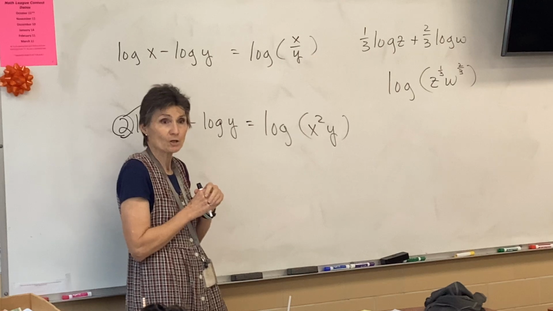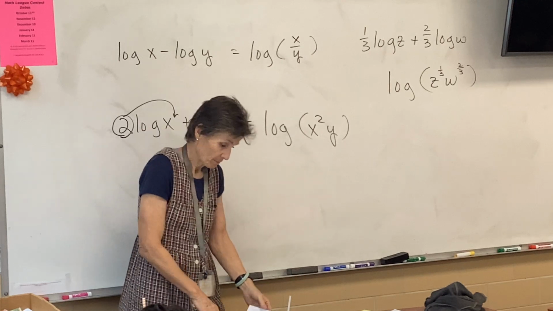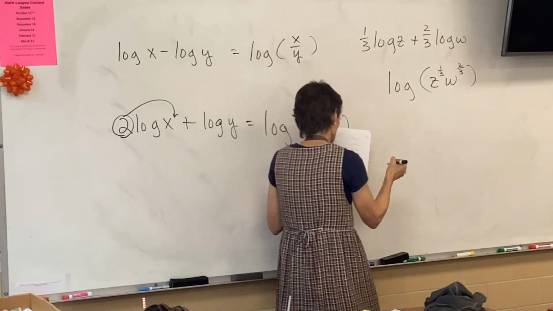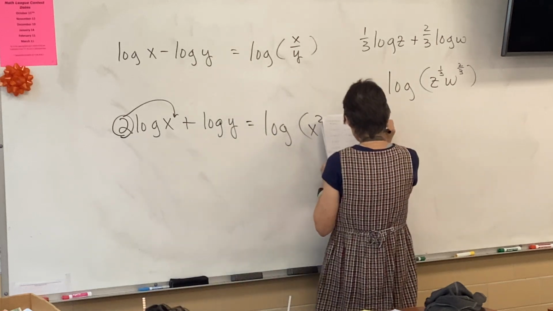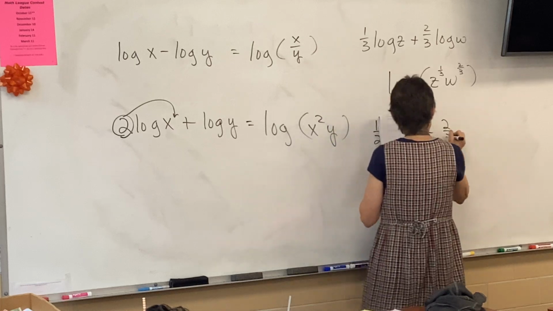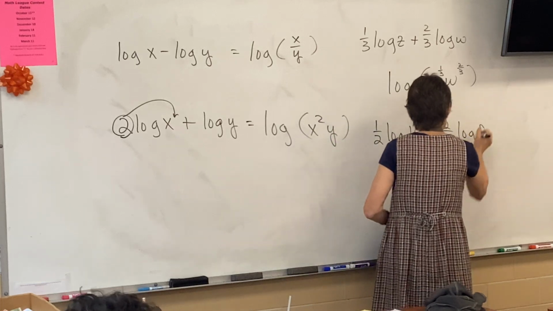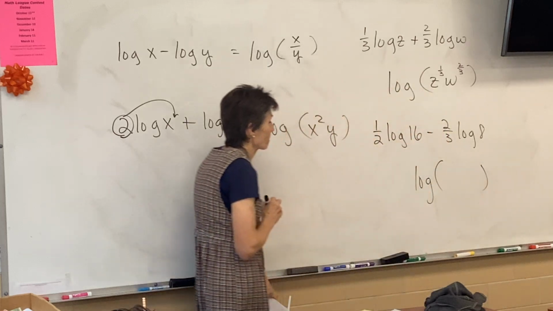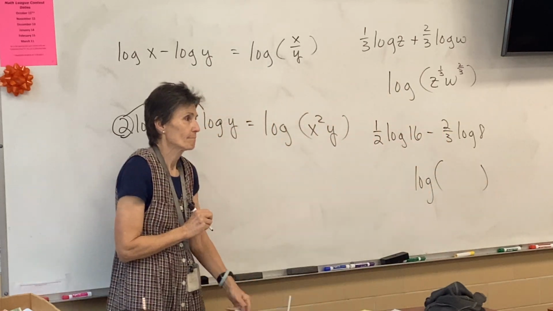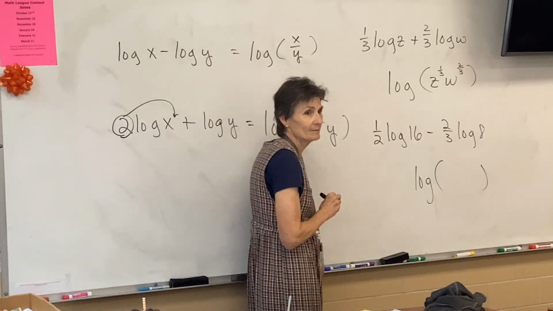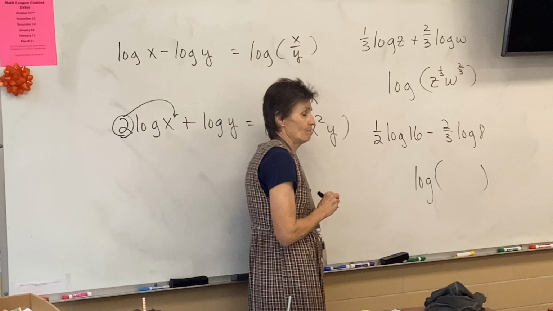Okay? Vincenzo, you okay? Yeah, my bad. Okay. All right. D. Try D on your own. See what you can come up with here. You're going to write this as one logarithm. So give log of something. I heard somebody say 1. Yes.